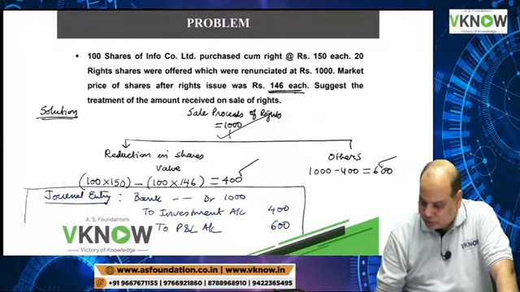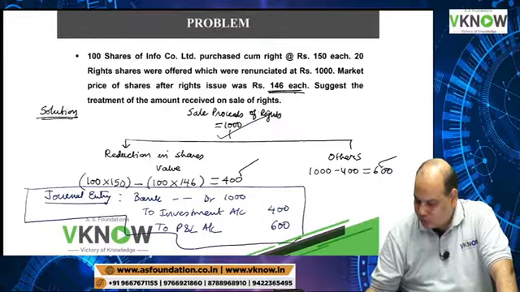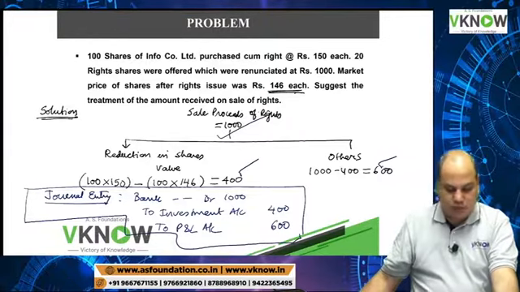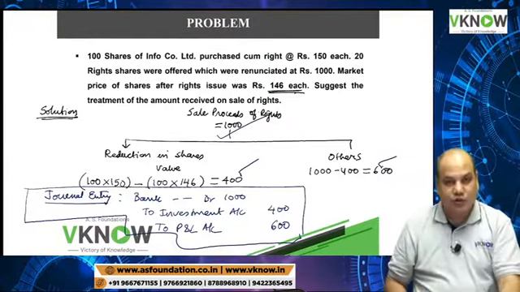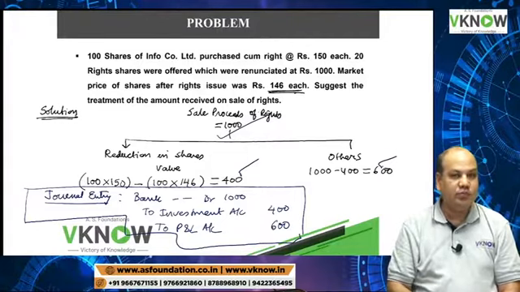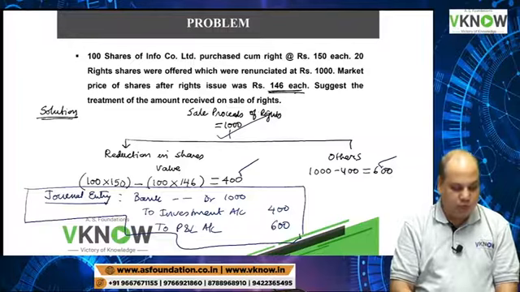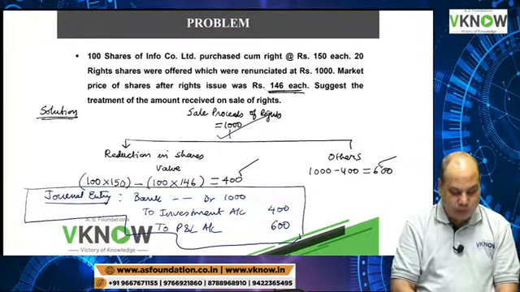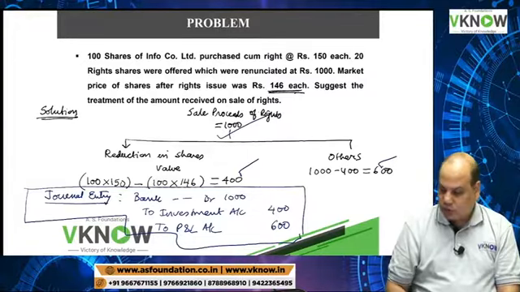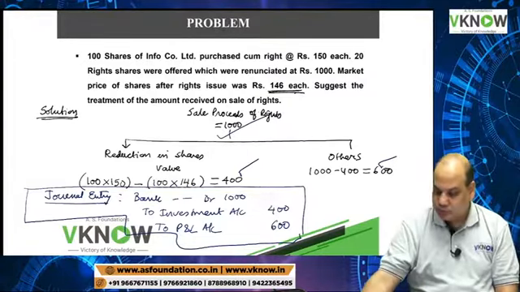So this is the journal entry for this question. These two questions were asked together in the exam for something like 2 to 4 marks, so maybe both questions together will be a 4 marks question. The same question continues below.